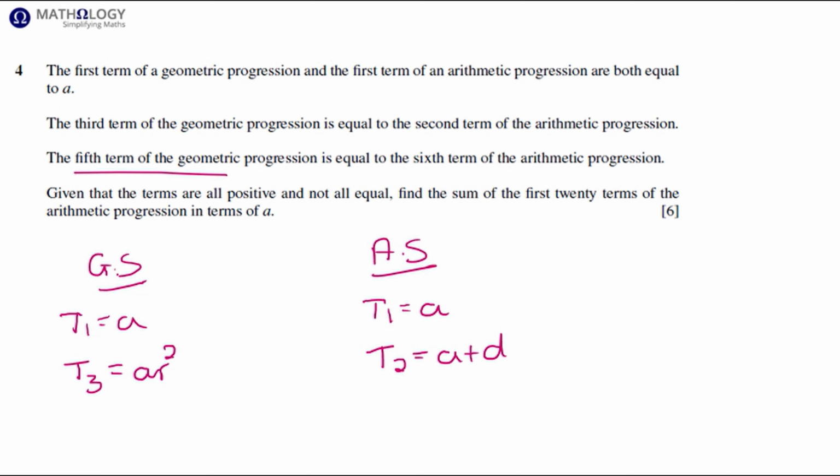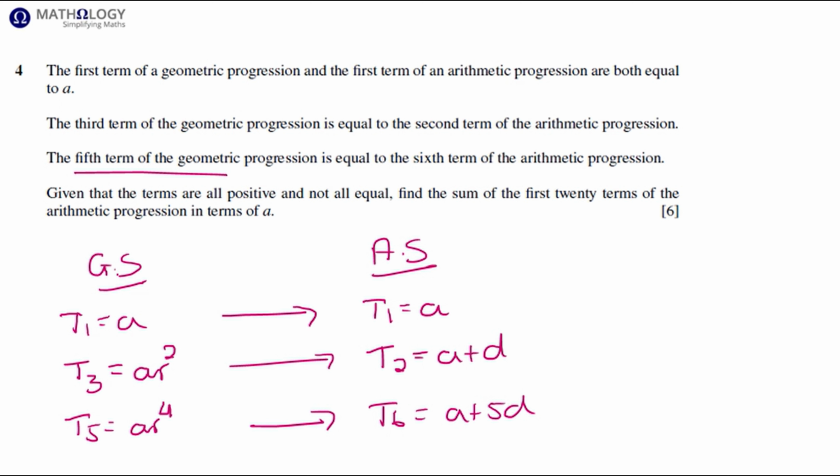The fifth term of the geometric progression, T5, is ar to the 4, is equal to the sixth term of the arithmetic progression, so the sixth term is a plus 5d.